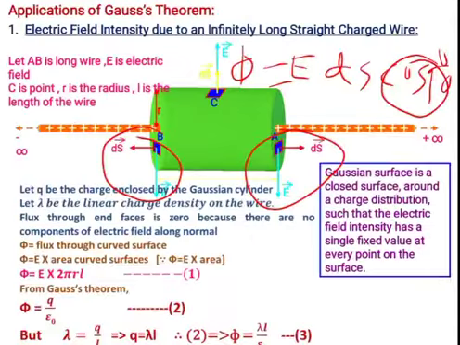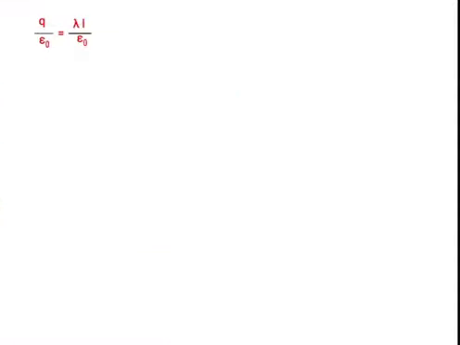Next step, carefully see, this is equation number 3 and this is also for phi. From equations 2 and 3, Q divided by epsilon naught is equal to lambda L upon epsilon naught, where lambda is linear charge density.